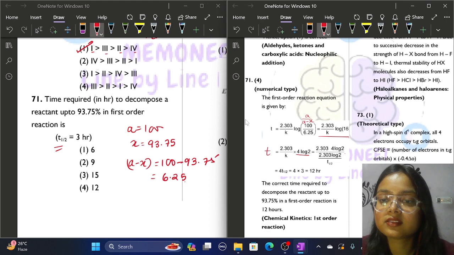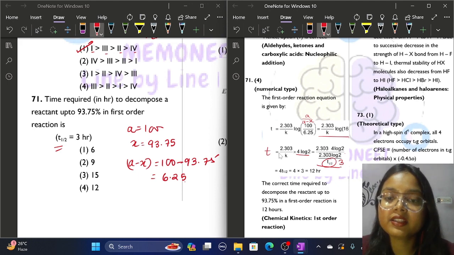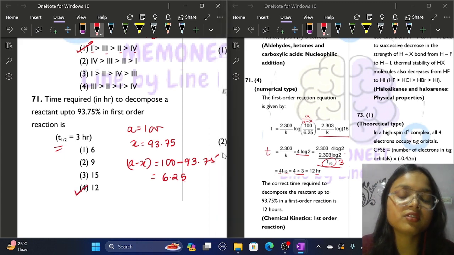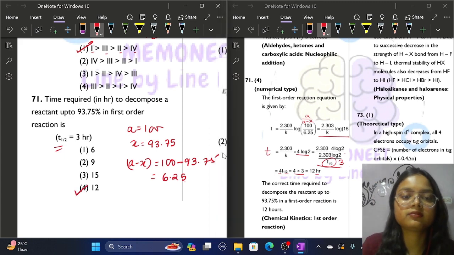On solving this, the T half value is given. T half value is 3. So on solving this we will get 4 T half. Okay, and 4 into 3 is 12. So the option 12 will be the correct one.